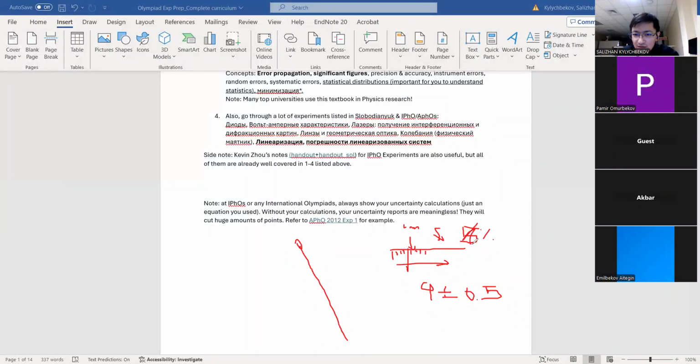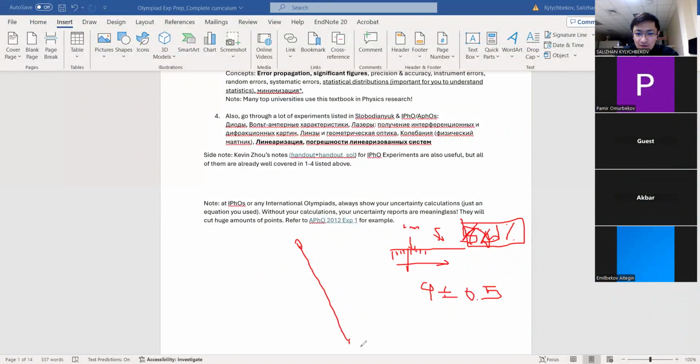Let's say the experiment has 1% precision. Then you definitely cannot rely on this instrumental error. You have to do some statistics to reduce the uncertainty. So what you do is you take a bunch of measurements and do statistical analysis and the standard deviation.